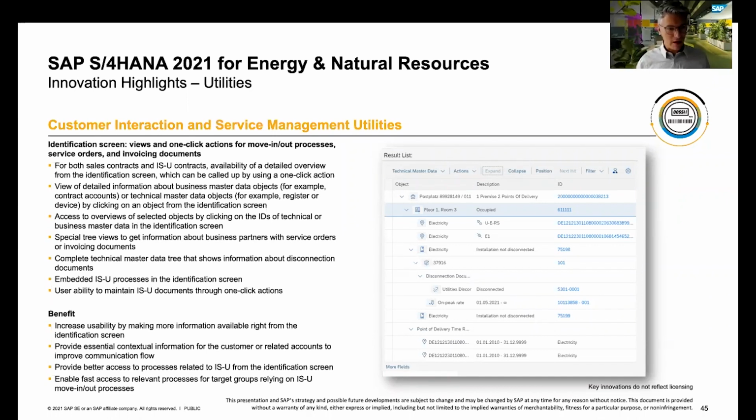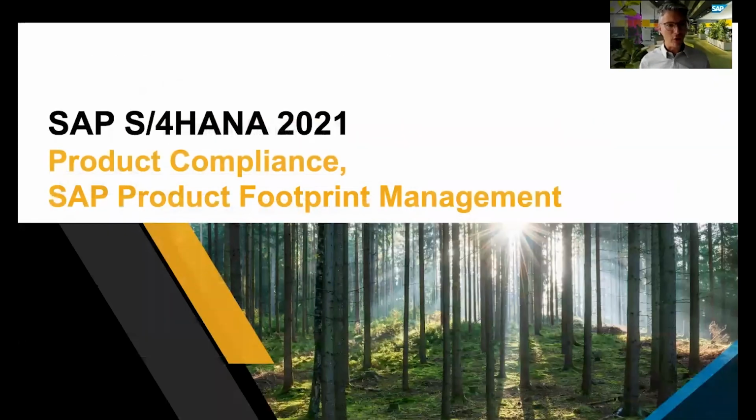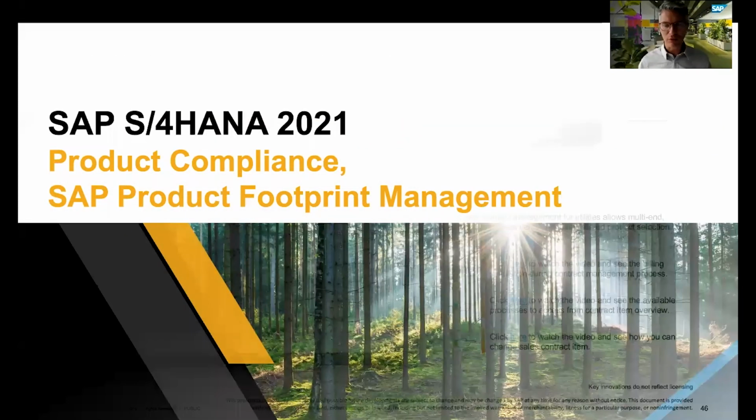And it's about empathy for the end user in that case. It's about increasing the usability by making more information available right from the identification screen. It's about providing the right information in the right context of the customer's account that is about to be managed.